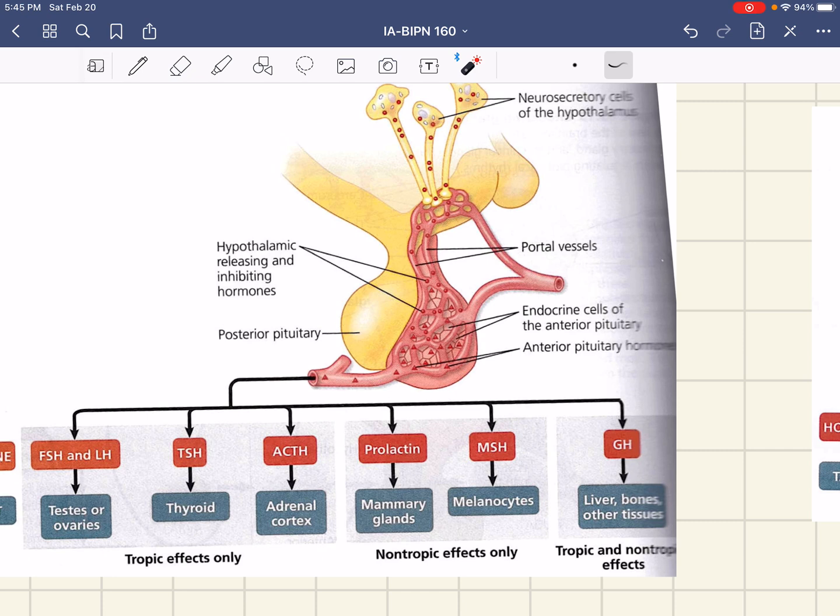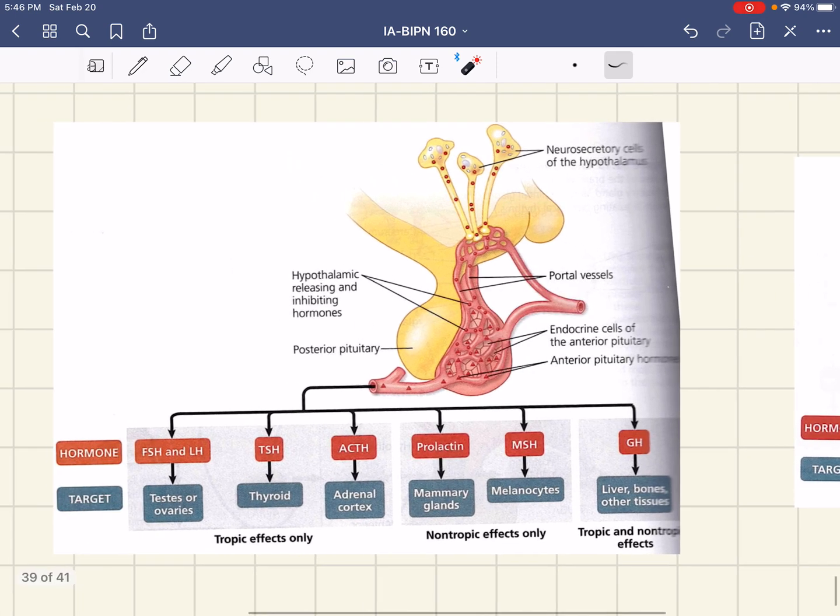Okay, for reference, this picture does a good job. These circles right here are stimulating hormones that are released by the hypothalamus, and the triangles here are hormones that are produced by the anterior pituitary itself.